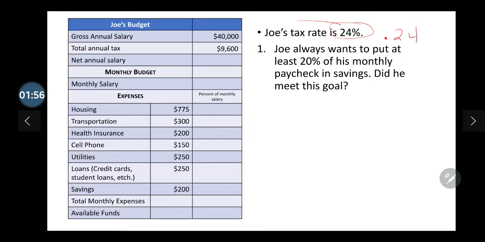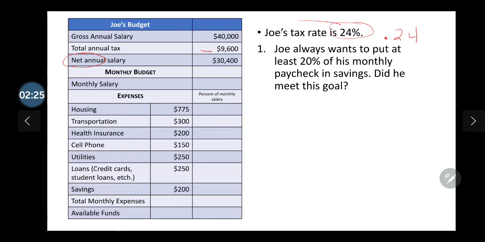Now they want to know what his net annual salary is. To find the net annual salary, I subtract $9,600 from $40,000, and we get $30,400. So Joe's actual pay that he brings home is $30,400 a year.